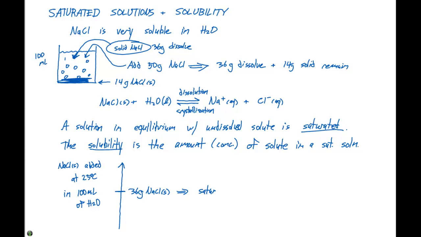We can say that the solution is saturated at this point, which means that we're at equilibrium. And we can say the rate of the solid dissolving is going to equal the rate of the crystallization step. So we're at equilibrium right here.